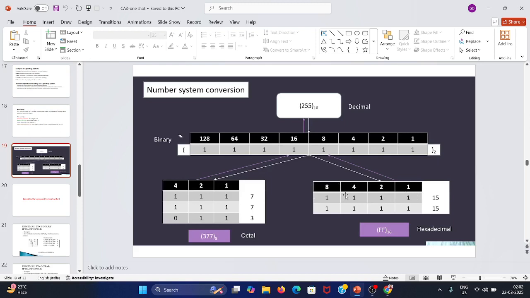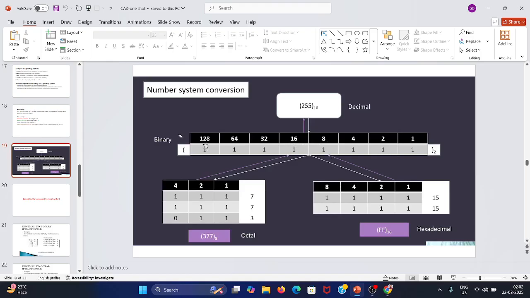So how are we calculating? We are just starting from this portion and putting it one by one. In the case of binary, there is 1 here, so put 1. Then in place of 2 there is 1, so put 1 here. Under 4 there is also 1, and under 8 there is also 1. After that, 16.